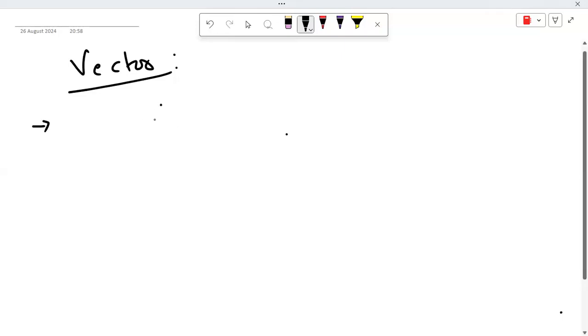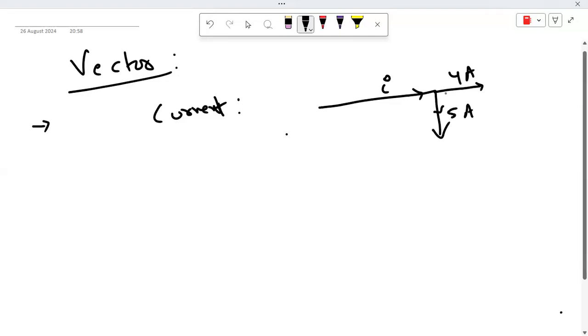If you know physics, is current a vector? Yes, sir. Yes, current is a vector. Okay, so let me give you a question. You have to calculate I. How much is it?